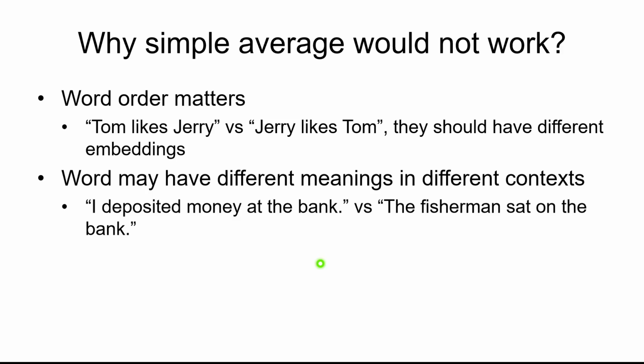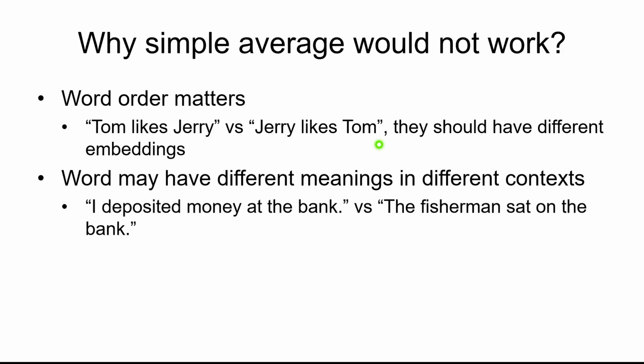The reason is there are 2 issues we want to consider. Number one is the word order really matters. For example, if we have 2 sentences, Tom likes Jerry, and the second sentence is Jerry likes Tom, they have different word order, but they use exactly the same words.